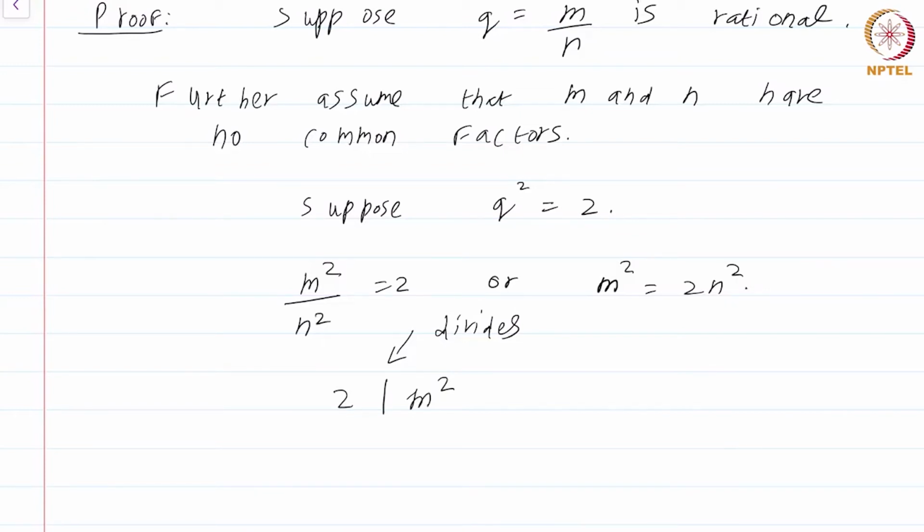But if you think about it, since 2 divides m squared, it must be the case that 2 divides m. Think about why this is true. If 2 were to divide m squared, there is no choice but for 2 to divide m.